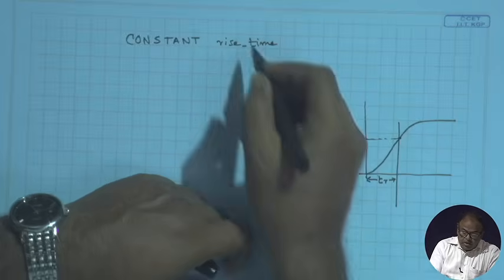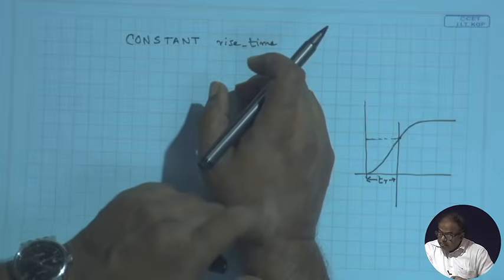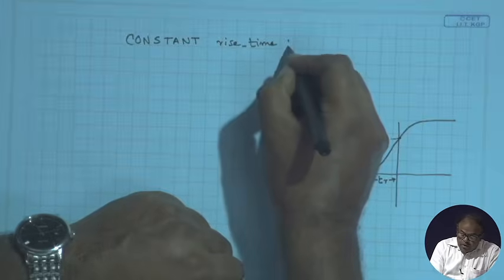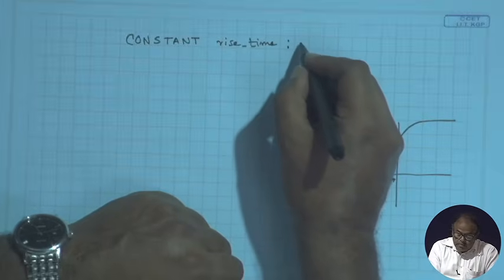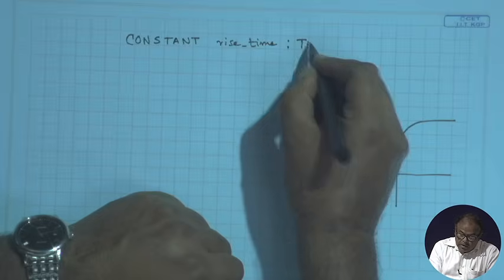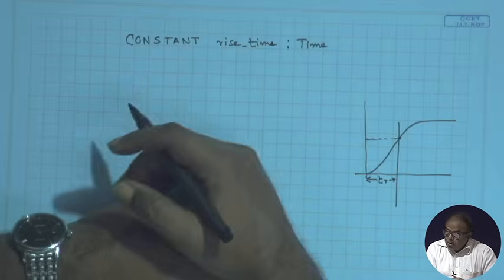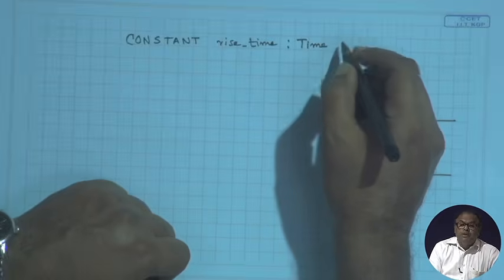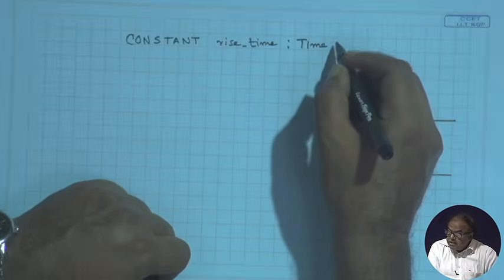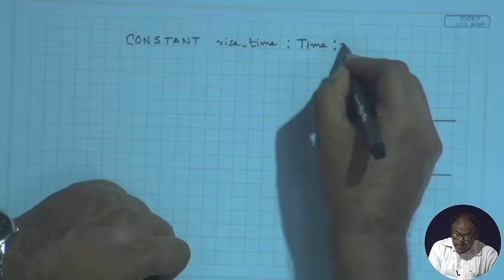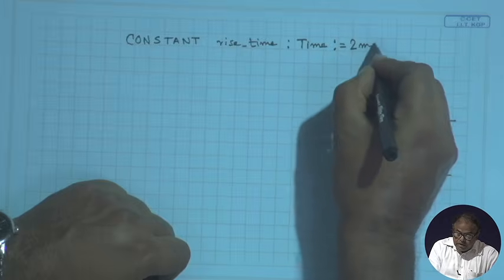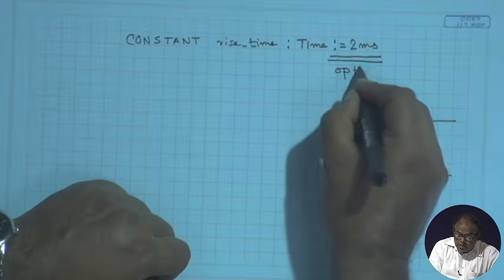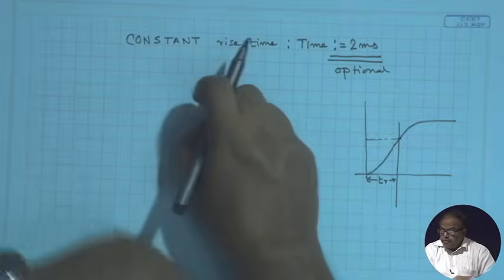Okay. So, say constant rise_time, then I put a colon and the type is time. Then I can initialize it, this is optional, to say 2 millisecond. This part is optional, all right.